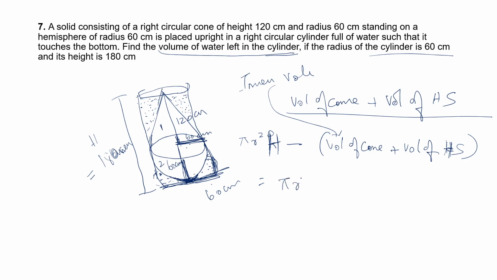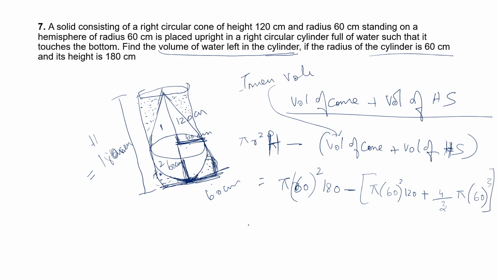Pi into the cylinder radius 60 square, h will be 180, minus the volume of cone, pi r square h, r again 60 square and h here 120, plus the volume of hemisphere, 4 by 3 pi r, same, 60 cube.